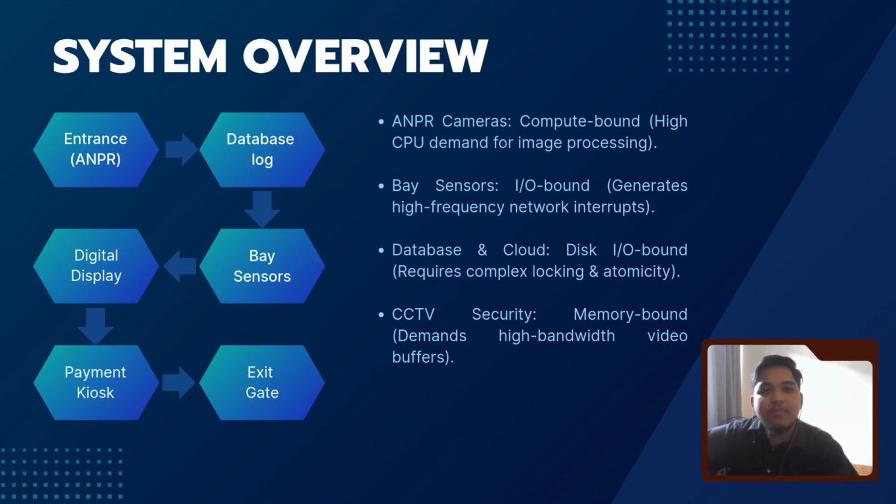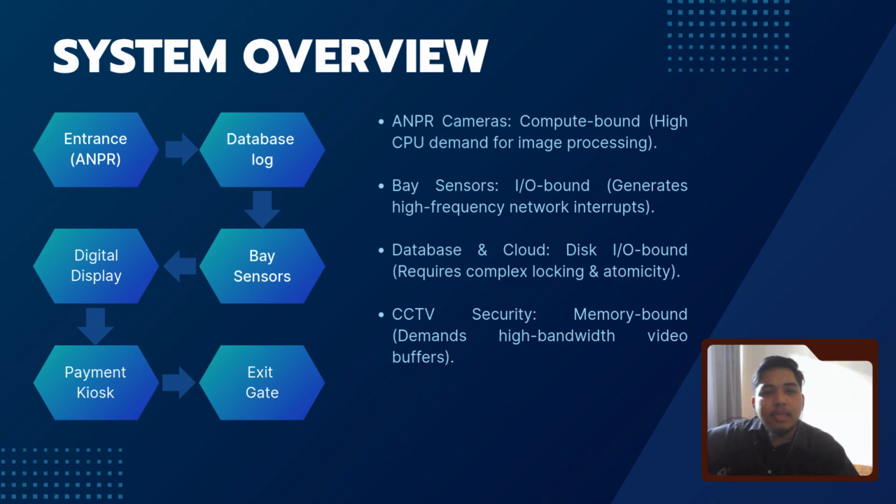The biggest challenge for the OS is that every part of the system wants different types of resources. As you can see, the ANPR cameras are compute bound, meaning they need a lot of CPU power to process images. The parking sensors are I/O bound, which means they generate a lot of network interrupts.